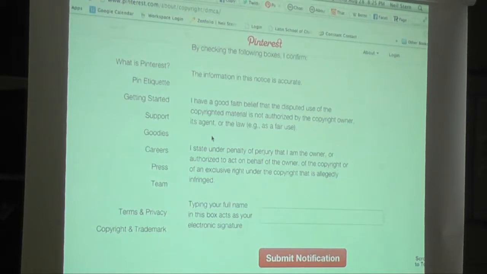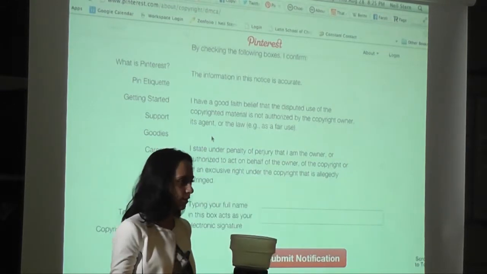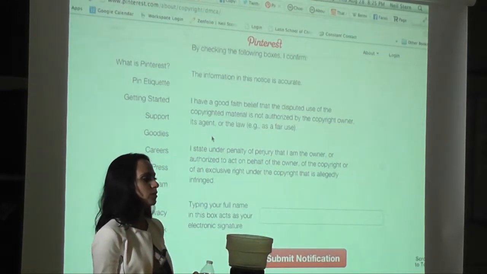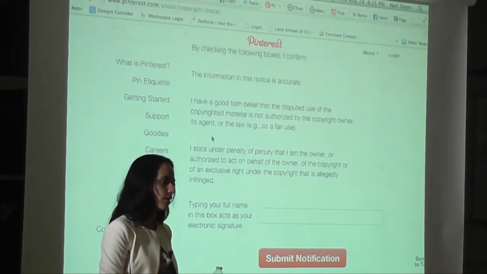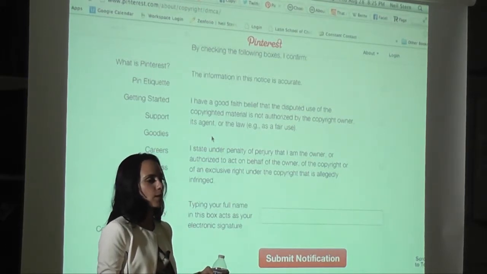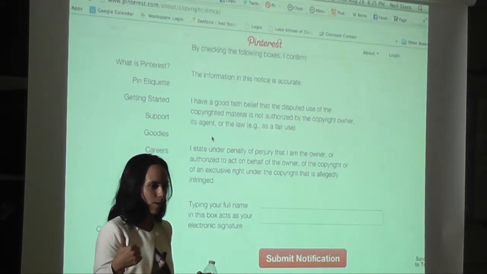Okay, so what happens once you submit this is the notice goes to the individual who's uploaded it. They have 2 weeks to respond with a counter notice. And if they don't, then the site will take it down. If they do, unless you file a federal lawsuit, the site can put it back up again.